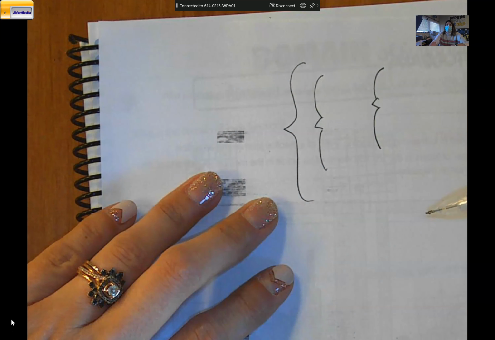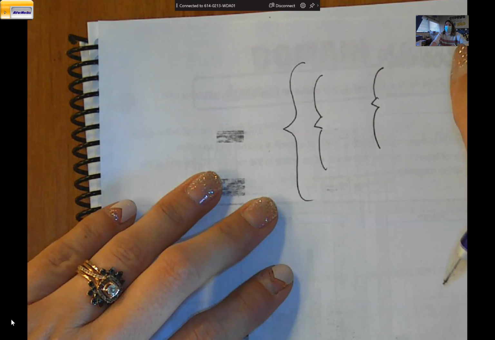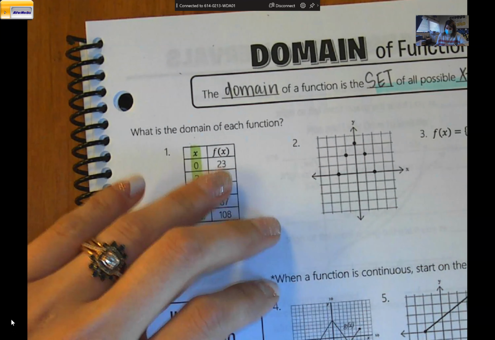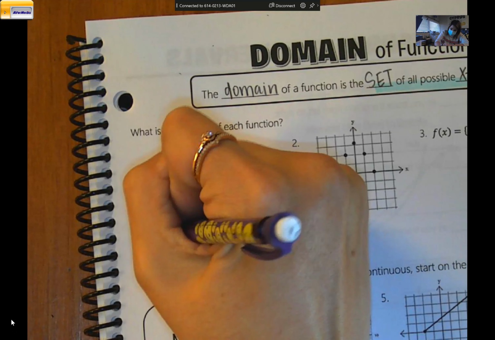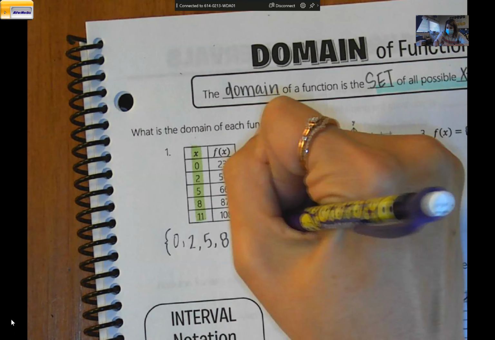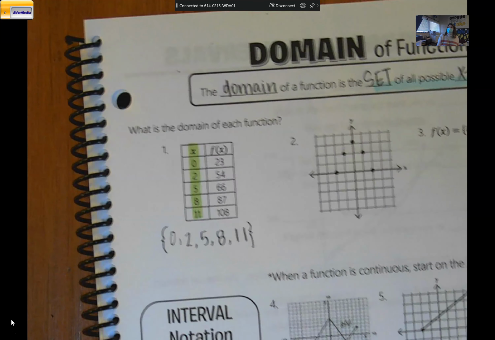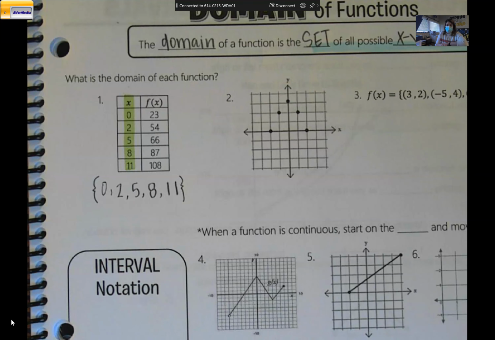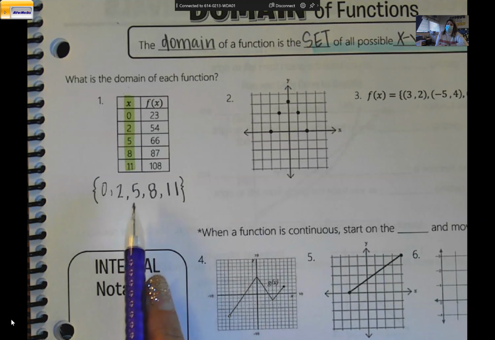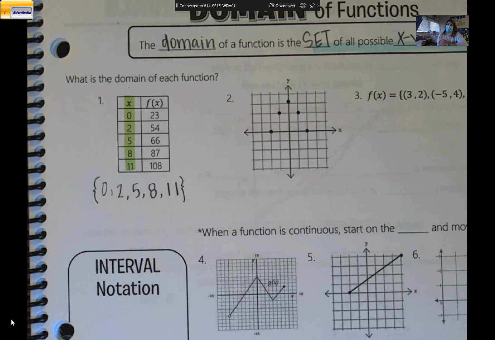See what's happening there? Are you making your fancy brackets? Let's do this. So when we write down the set of numbers that x can be, if we can list out all the numbers, we usually put fancy brackets around the numbers.